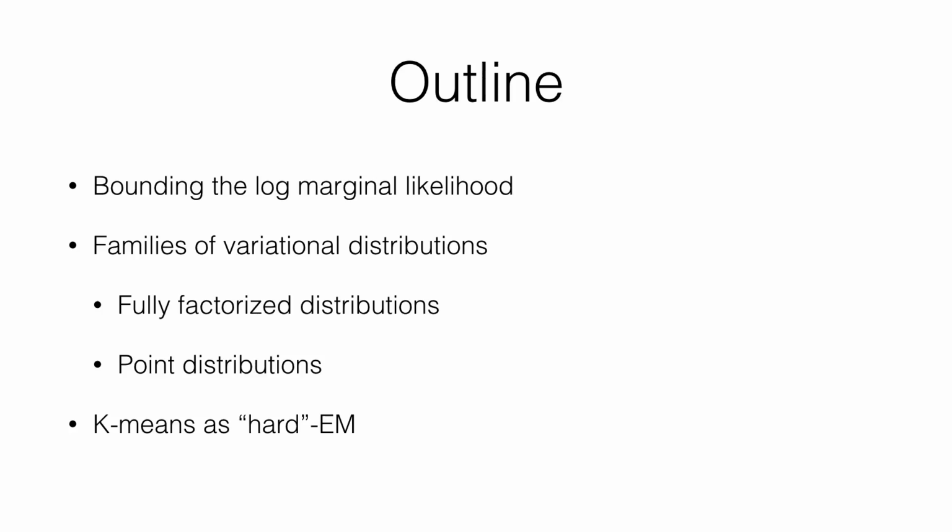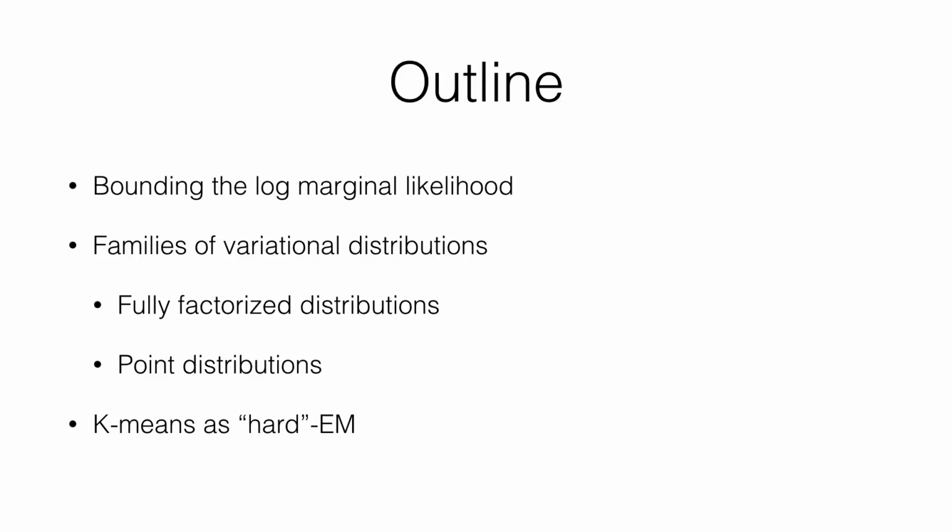So we'll start by bounding the log marginal likelihood, which is the likelihood that we're going to be interested in really maximizing. And then we'll talk about different families of variational distributions that allow this bound to hold. In particular, we'll look at fully factorized distributions, which will lead to the EM algorithm as we learned it in the last video.